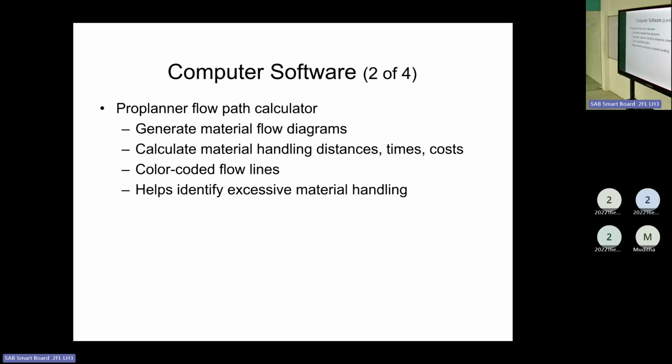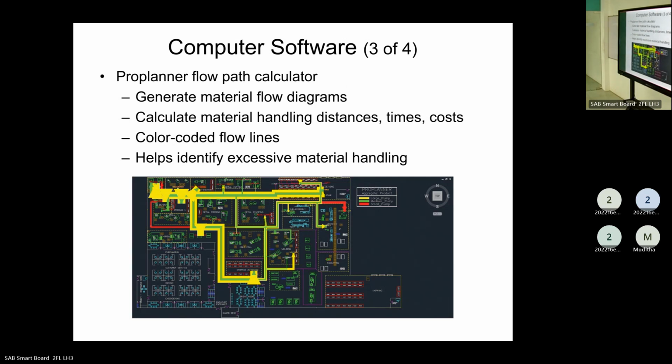It helps identify excessive material handling and other details. So such techniques are ready. You may see here a building and the different departments and how materials are moved. ProPlanner flow path calculator.